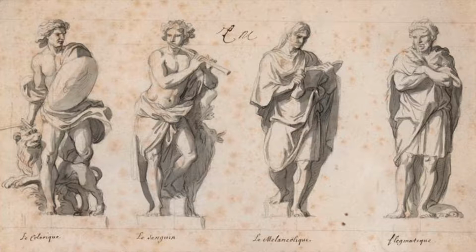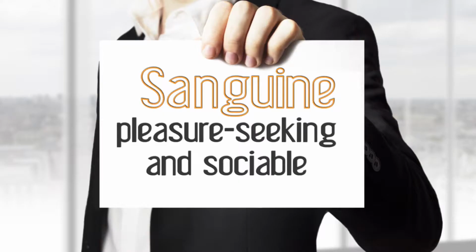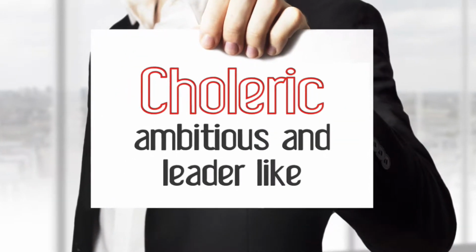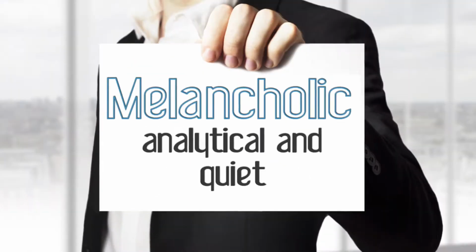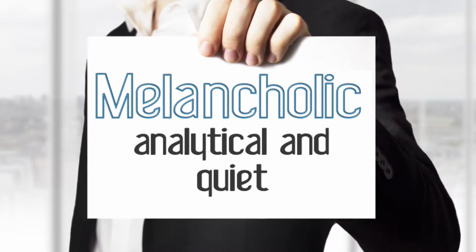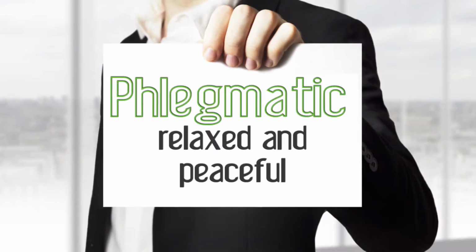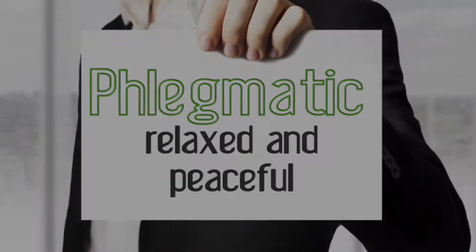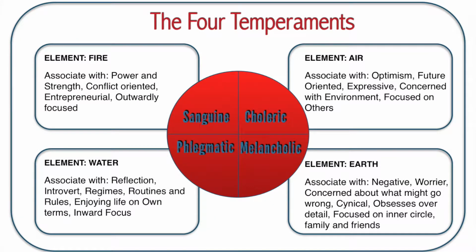Each of these encompasses a fixed set of inborn intrinsic characteristics: sanguine, pleasure-seeking and sociable; choleric, ambitious and leader-like; melancholic, analytical and quiet; and phlegmatic, relaxed and peaceful. Most formulations include the possibility of mixtures of these 4 types.